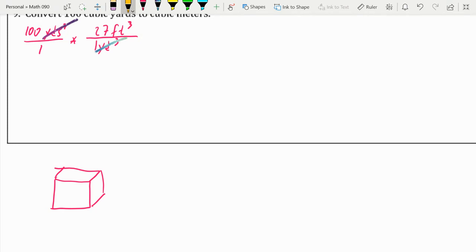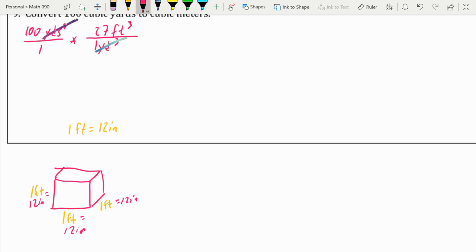We said 1 foot is equal to 12 inches. If I want to convert feet, so I have 1 foot, 1 foot, and 1 foot, what does that equal? This is equal to 12 inches, 12 inches, 12 inches. I said this was going to be a pain.